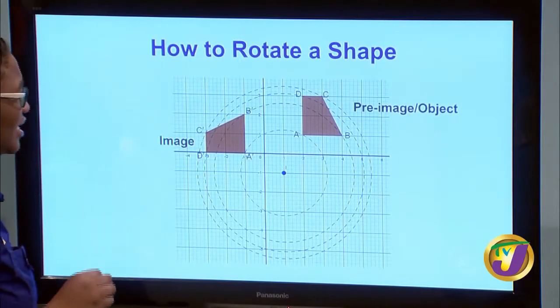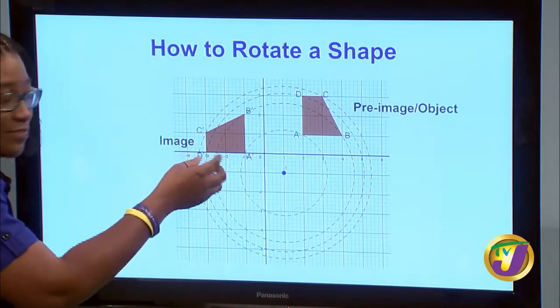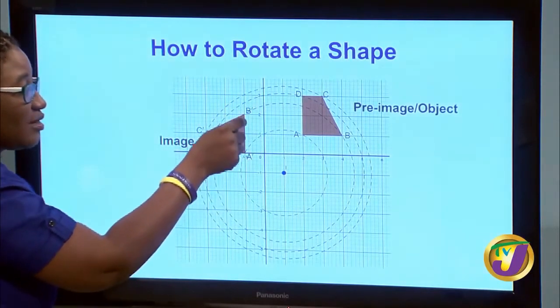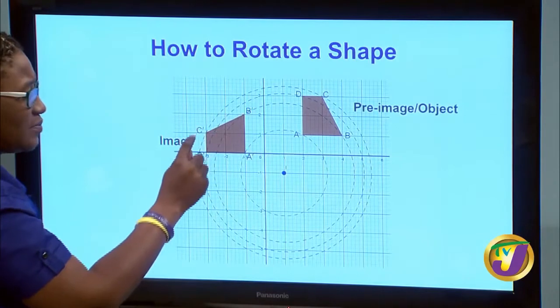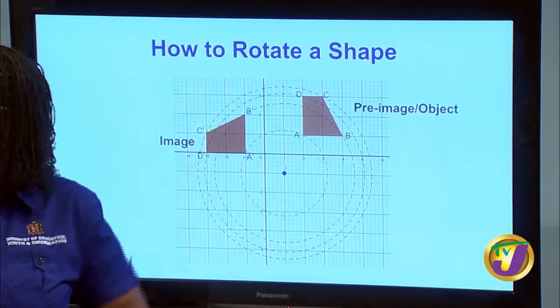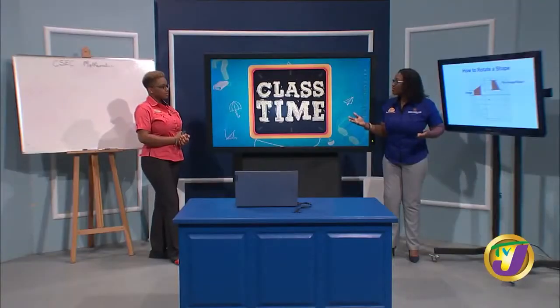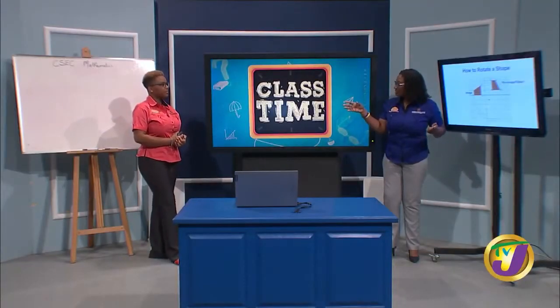Let's check my image. Of course it's now A prime, but nonetheless we have A prime, still going anti-clockwise, B prime, C prime, D prime. So the order of the labels is still the same. Still the same shape. That would be a similarity.